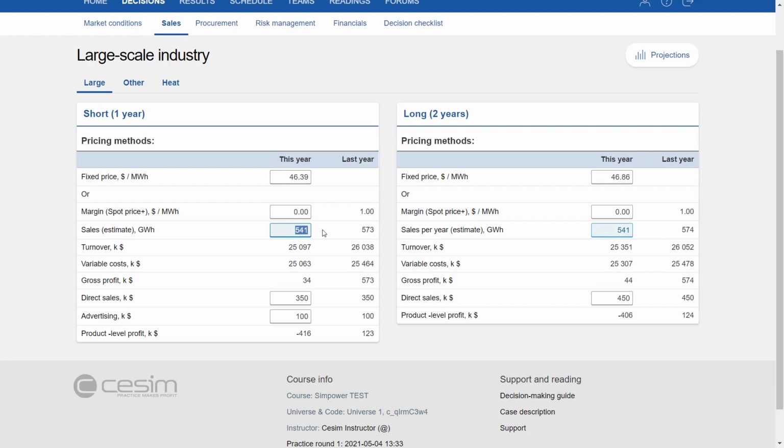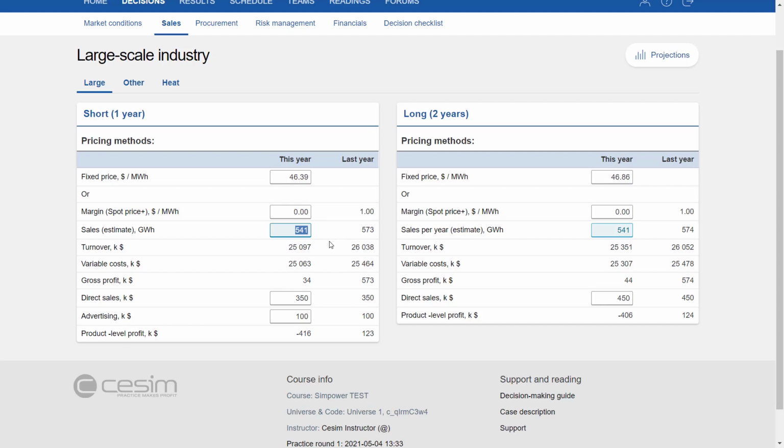Sales estimation is given here, so here we can estimate how much we will be selling. On the right hand side we can always see what has happened in the previous round, so we can see that this product we have been selling to large scale industry for the amount of 573 gigawatt hours during last year, and then in this cell we make the estimation about how much we expect to sell this round.